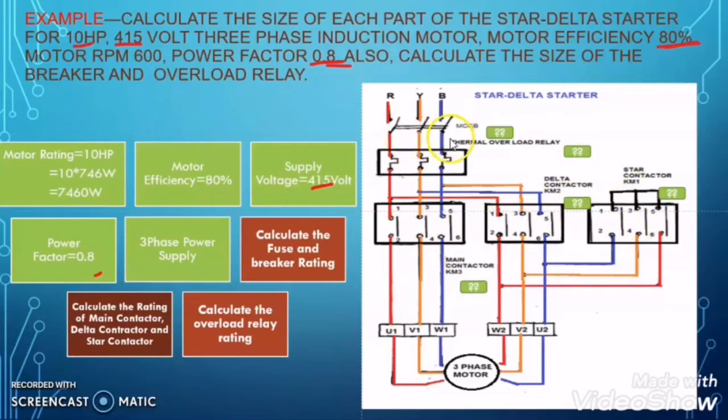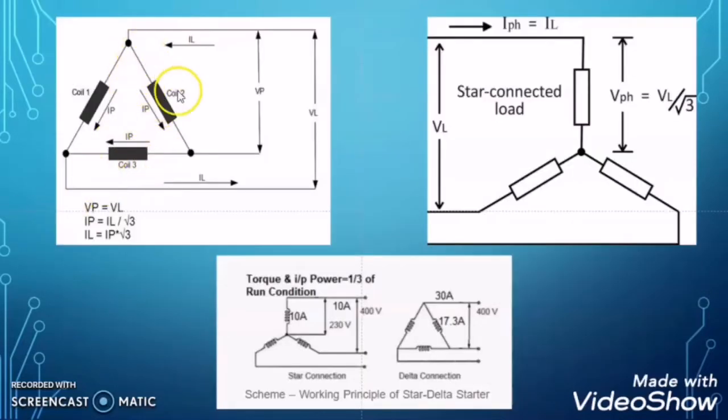Before going into the deep calculation to find the rating of MCCB, thermal overload relay, main contactor, delta contactor and star contactor, let us brush up on what is delta connection, what is star connection, and what are the line current and line voltage in the delta connection, and the line and phase current and the line and phase voltage in the star connection, because I will use these terms further in my discussion.